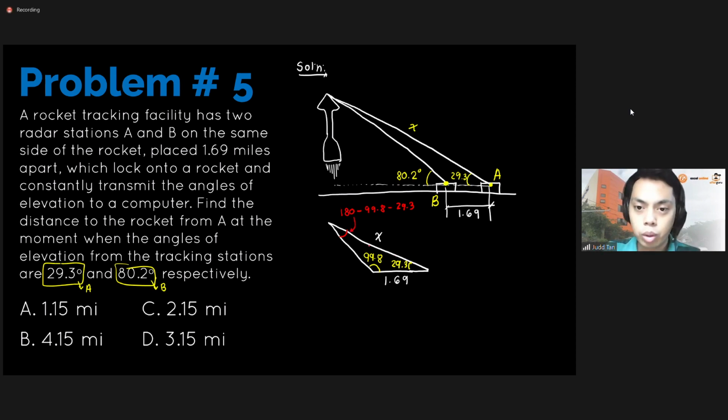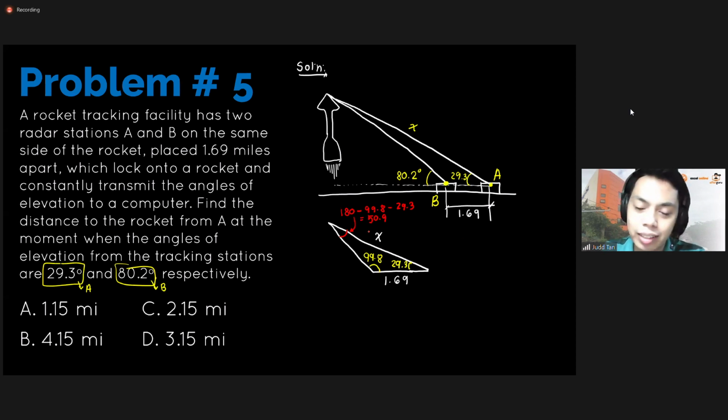Okay na okay, guys. By the way, ano pong sagot natin dito? 180 minus 99.8 minus 29.3. That is 50.9. Tama po ba? Yes. Okay, tama. 50.9.